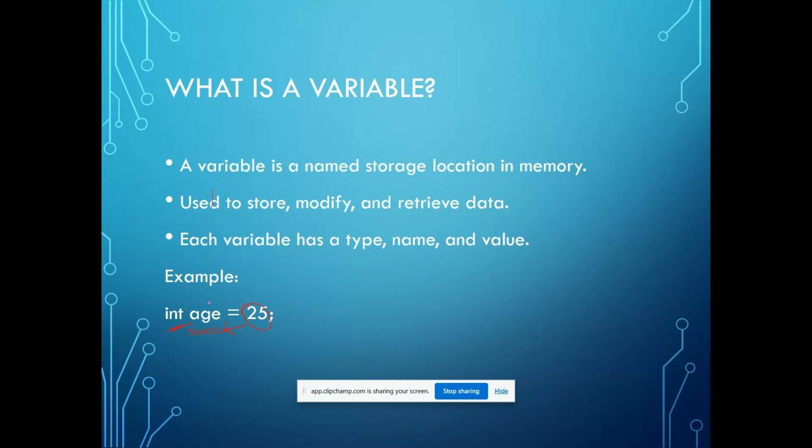So we are labeling age as an integer and storing 25 into int here. So can you imagine what would happen if we didn't have labels? We would never know what's inside the box, right? So each variable has a type, name, and value. So we can store, modify, and retrieve the data from those variables as well.